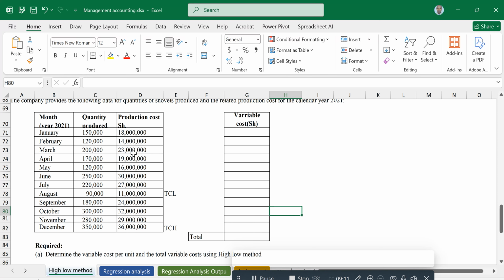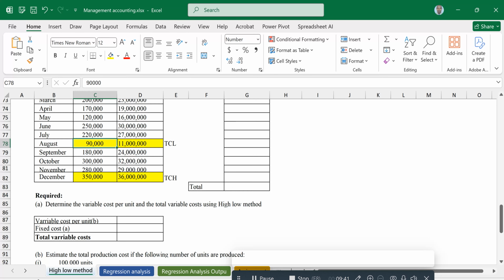The highest cost? 36 is the highest cost, so this is 36, we can highlight it. The highest activity is 350. Lowest activity and lowest cost, 11. Then the other one is going to be 90. Those are the highest and lowest from what we see here. You can use them as they are.